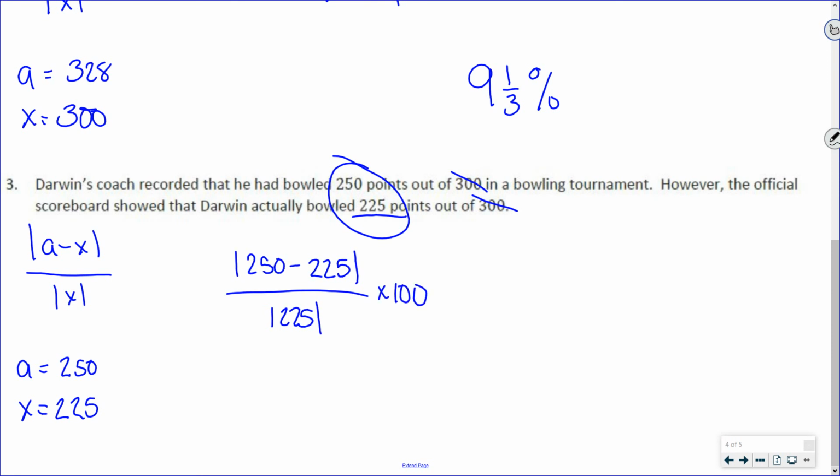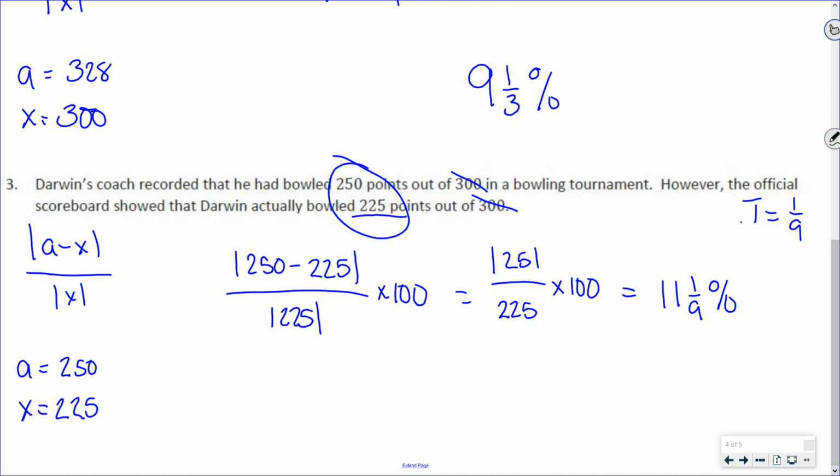Well, 250 minus 225 is 25. So that's the absolute value of 25 over 225 times 100. So what's 25 divided by 225? It's going to be 0.111111111. If we multiply that by 100, you get 11.111111. Well, when you see 0.1 repeating, that fraction is going to be 1/9. So this is 11 and 1/9 of a percent.